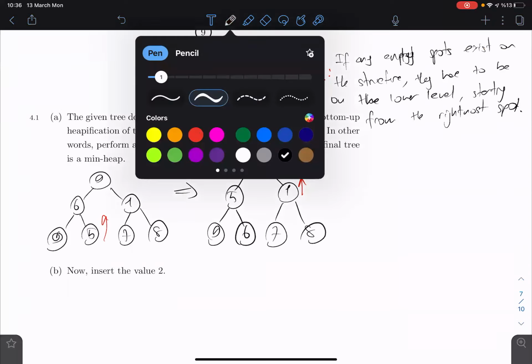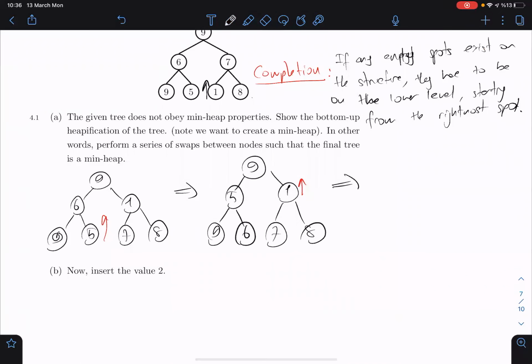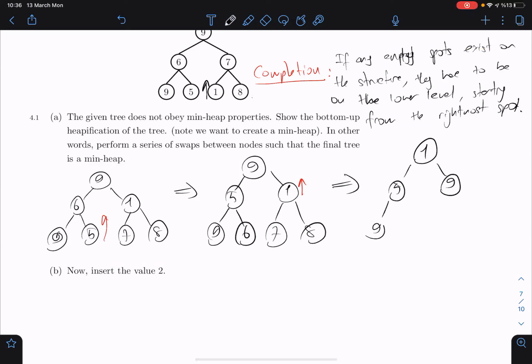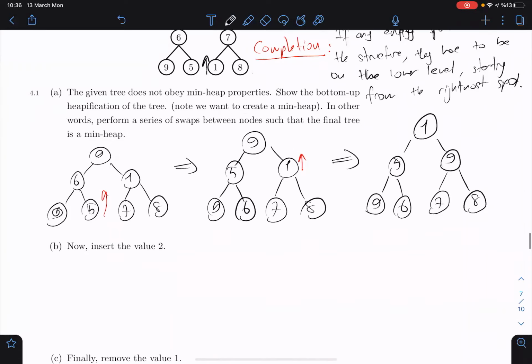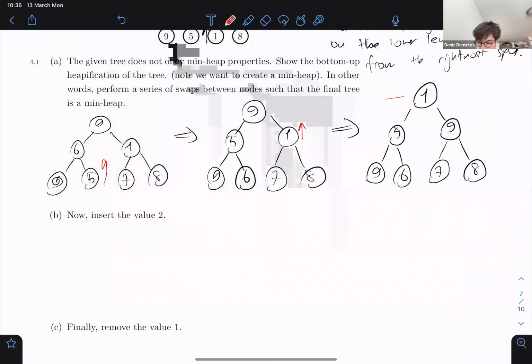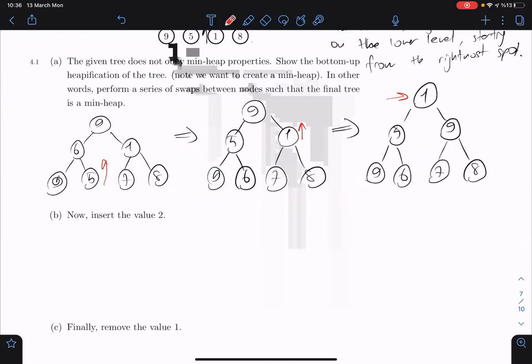And since 1 is actually less than 9, what we do is we promote 1 to an even upper level. 9, 9, 6, 7, 8. And again, now we can realize that we actually found the correct root since 1 is the smallest element in this minimum heap.